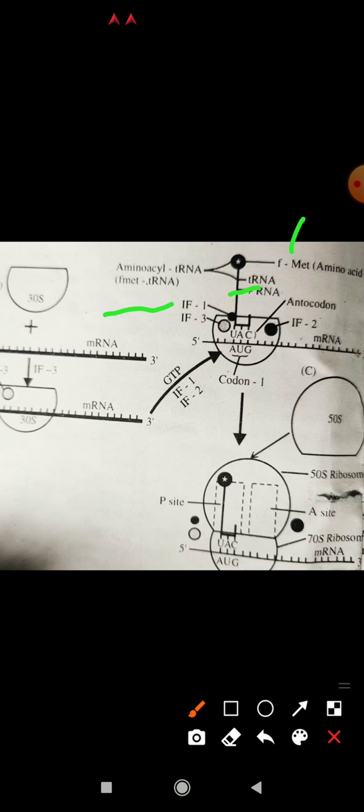So always in prokaryotes N-formyl methionine, and in case of eukaryotes methionine will be the first amino acid in the protein at the time of the initiation step. This amino acid is incorporated, and this process of addition of either methionine or N-formyl methionine is called formylation.